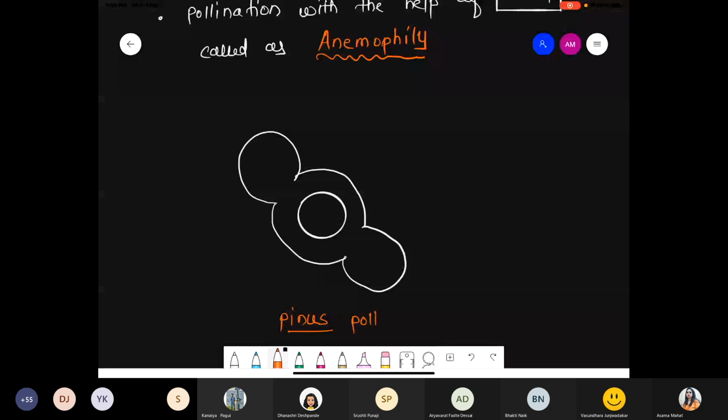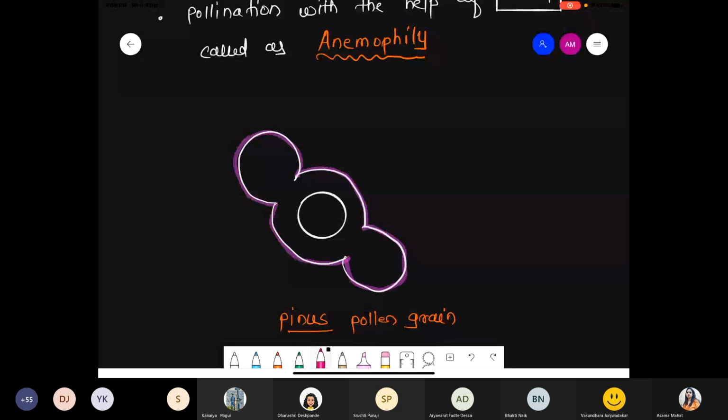Pinus pollen grain basically has a two wall structure, outer and inner. So quickly, should I change the color of this layer? Yes, wait. I'll change the color. So these are the outermost layer. This one. This layer is called the exine layer. Exine layer means what?